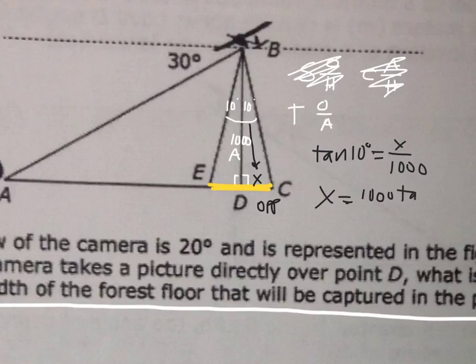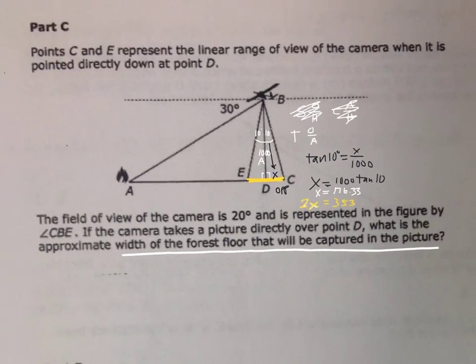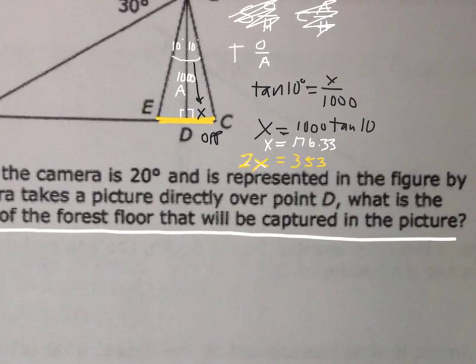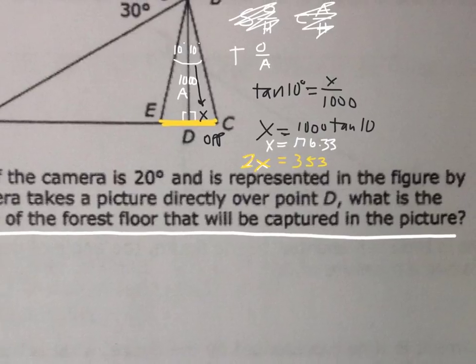So 1,000 times the tangent of 10, which is about 176.33. If I double that, I'll get the yellow part that I want. So the yellow part is approximately 353. Let me double check the rounding. It just says what is the approximate amount, so it wasn't very specific. So 353.